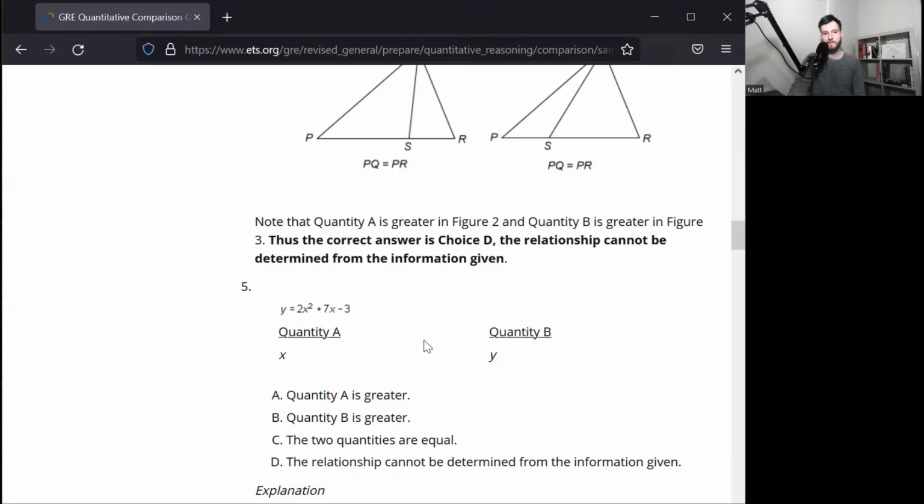What do you think is the best option? If you guessed picking numbers strategy, then you'd be correct. So let's think about this. If we had to pick numbers and solve for the other variable, which variable should we pick numbers for and solve for the other one? Which one would be easier?